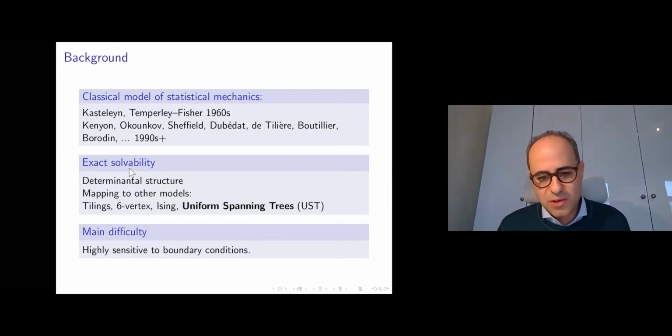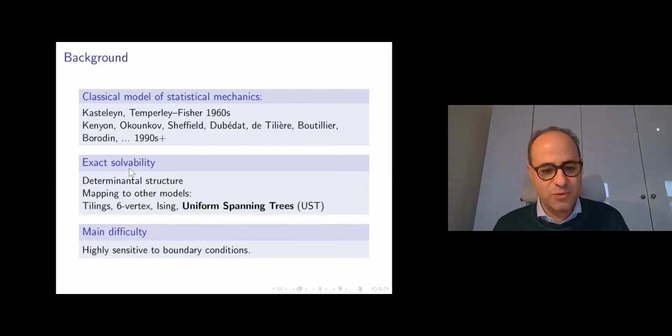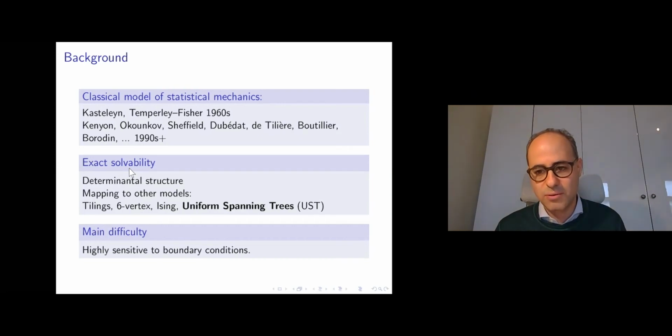And yeah, so the main difficulty of the model, as we heard in the previous talk, is the fact that the model is highly sensitive to boundary conditions. So even in the last talk, we heard that if you just modify the weight, if you just modify the boundary conditions in one row on the boundary, it's enough to completely change the scaling limit of the model.